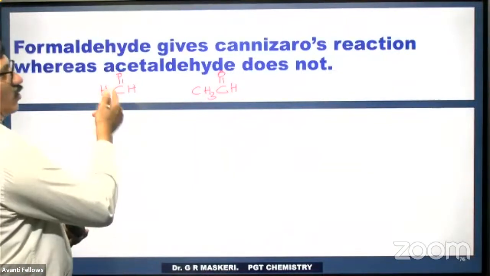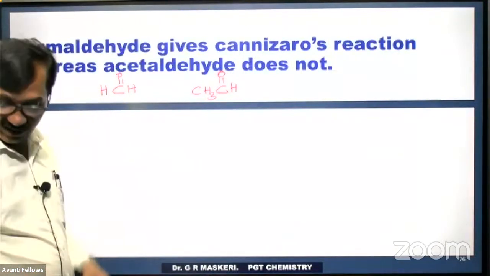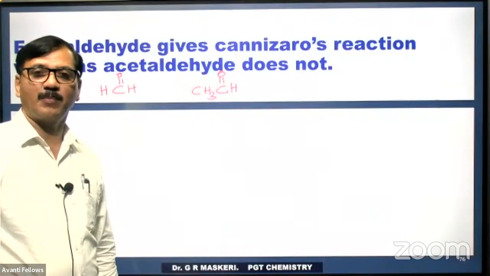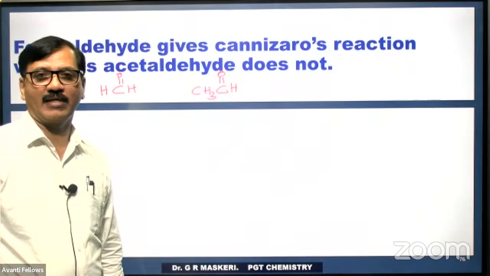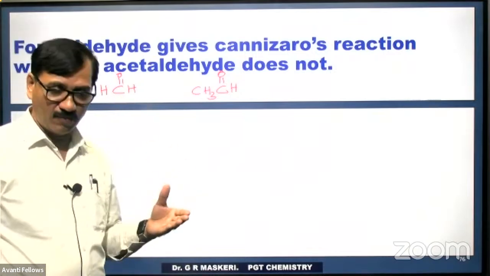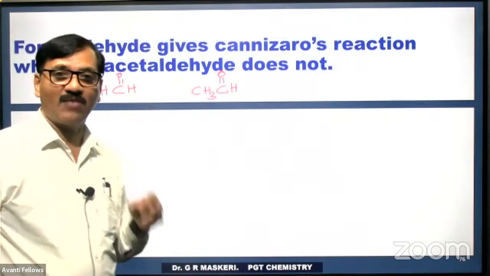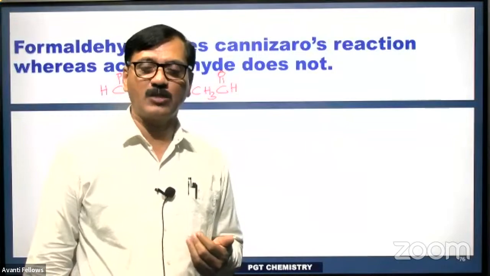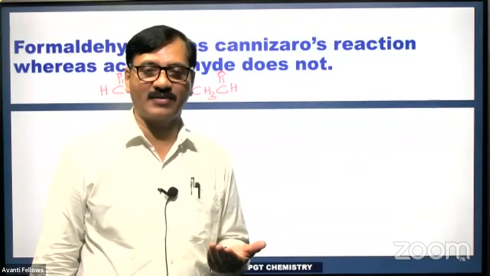So formaldehyde undergoes the Cannizzaro reaction. The Cannizzaro reaction is a disproportionation reaction that occurs in the presence of a base like NaOH or KOH, and this happens only if alpha hydrogen is not present. If alpha hydrogen is present, then it undergoes aldol condensation.